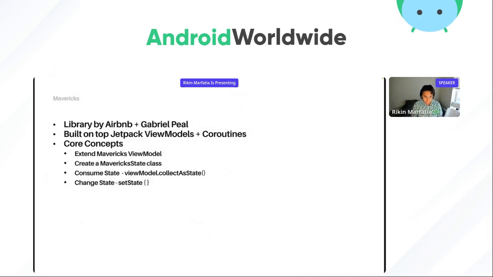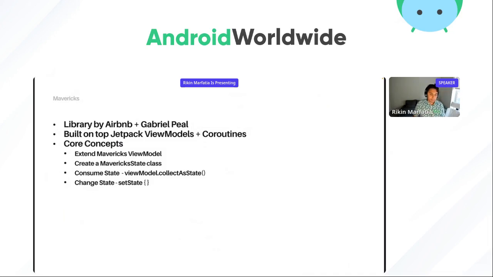We create a state class which will extend MavericksState, and that's actually just an interface that doesn't do anything, it's just used by the system internally. And the way we consume state from the compose side is you can grab your view model and then call the collectAsState function, which will return a state of whatever your MavericksState is.